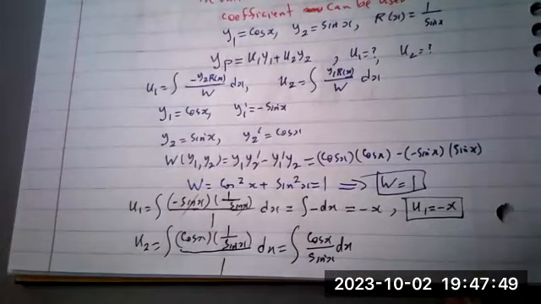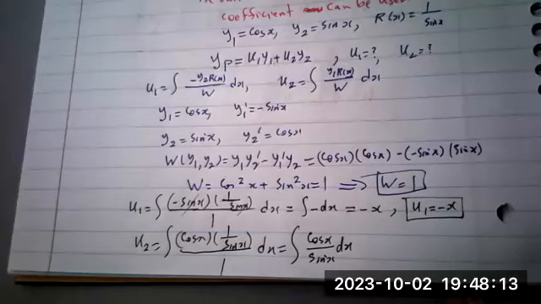It's a u-substitution: u prime over u. The derivative of sine is cosine, which is on the top, so it's the natural log of the bottom.